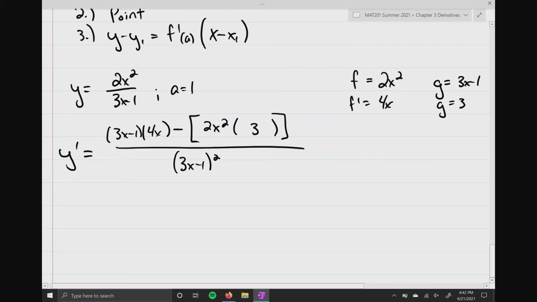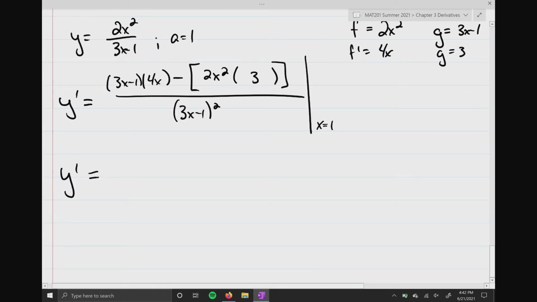Now, I would just simplify this a little bit. You don't have to get crazy with it, because here's what we know. We know we need to evaluate this at x equals 1. Like, we know eventually we're going to have to substitute in a 1 and figure out what this is. So the only thing I'm really going to do is just kind of clean this up just a little bit here. 2 times 3 is 6. And really, that's all I'm really going to do.